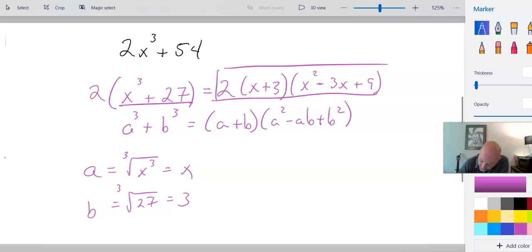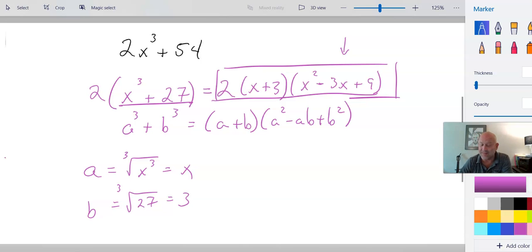Now, a word of caution. This second piece over here is a trinomial. It looks very much like it should factor. It really, really does. It never factors. The only thing that might happen is you might have a common factor. If there was a common factor I could pull out and I didn't pull it out and it still factored, then I'd be able to pull the common factor out at the end.